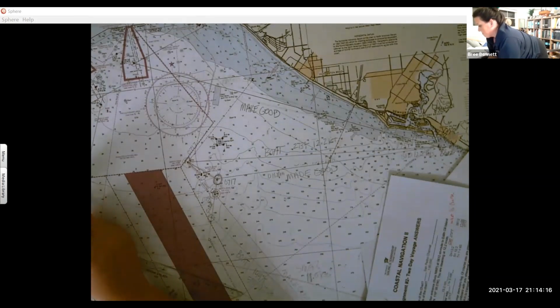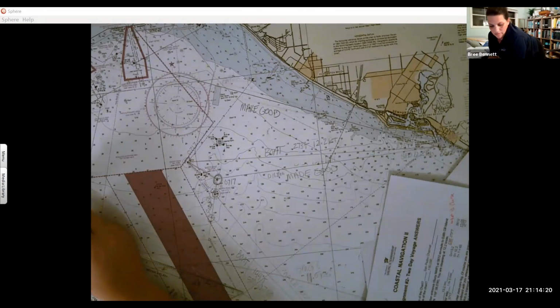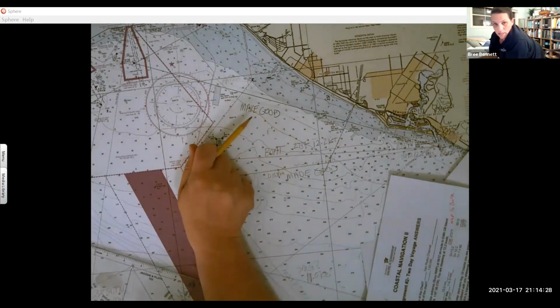Let's see, what am I going to do first? Okay, actually first, I'm going to calculate my made good. I'm going to see what my made good course is and what my made good speed is.